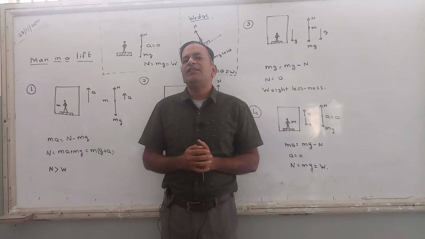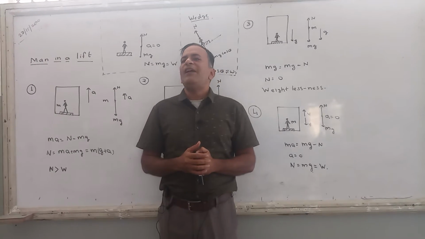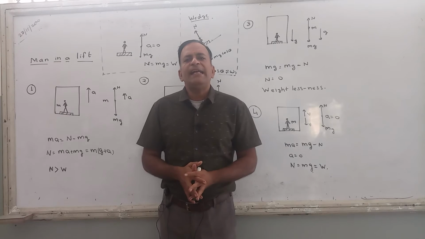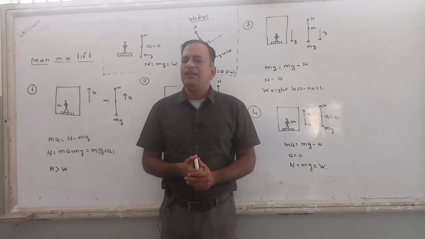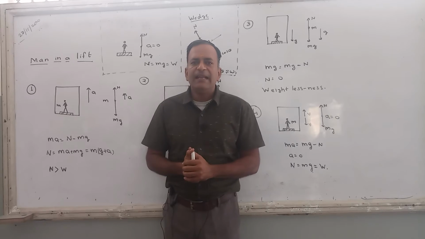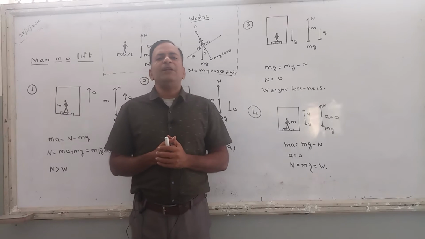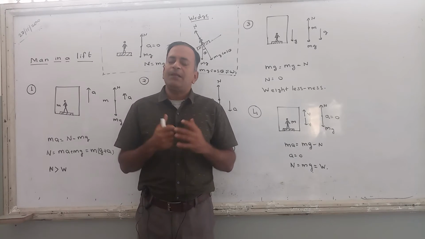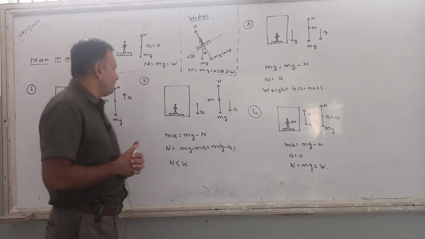Will there be any change in the normal reaction force, or in the apparent weight of the person? What the machine reads is the apparent weight, and your actual weight is equal to m into g, right? So now we are going to look at what happens to the apparent weight of a person, that means what happens to the normal reaction force of that person.